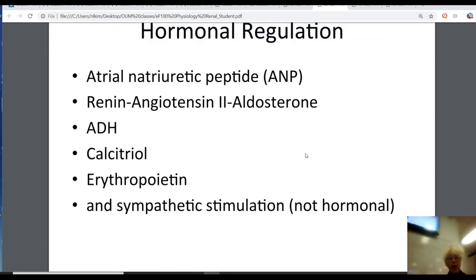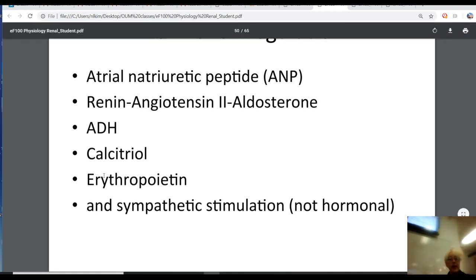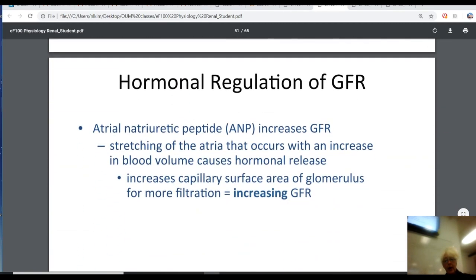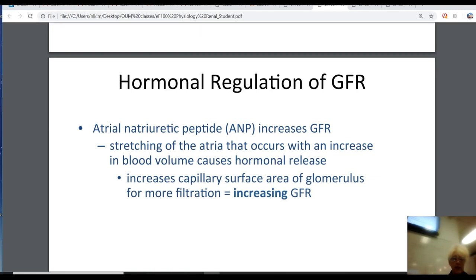Here's your neural regulation. Here's your hormonal. Now you talked about vitamin D, right? Your calcitriol. Antidiuretic hormone, atrial natriuretic peptide, sympathetic stimulation, which is not hormonal, but these are all hormonal.